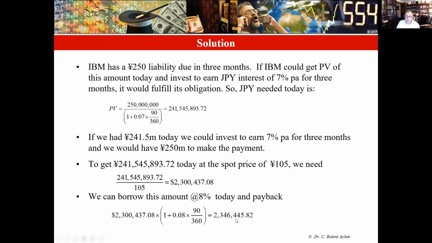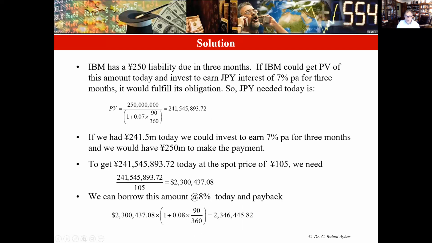So in other words, our Japanese yen obligation of 250 million Japanese yen will cost us in 3 months $2,346,445. So this is actually a guaranteed amount because we set it up in such a way that the cost of paying 250 million Japanese yen does not exceed this amount of US dollars.